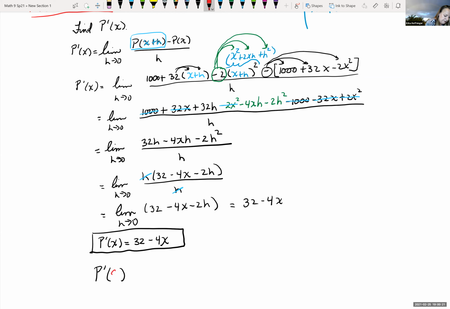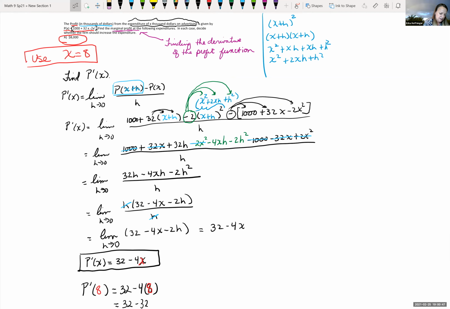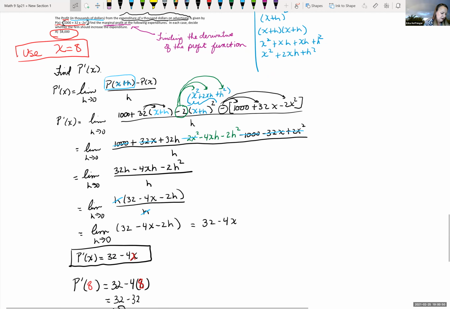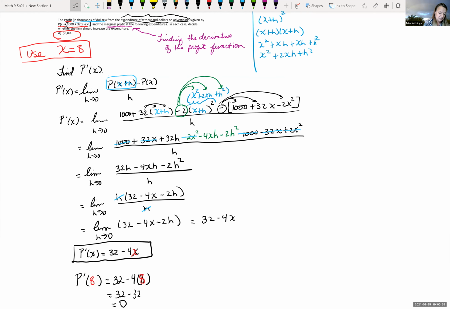So wherever we see an x, we're going to replace it with 8. And notice we get 32 minus 4 times 8. Well, 4 times 8 is 32, and 32 minus 32 is 0. So if we spend $8,000, the rate of change of our profit is 0.